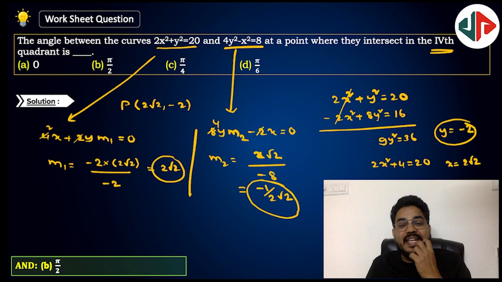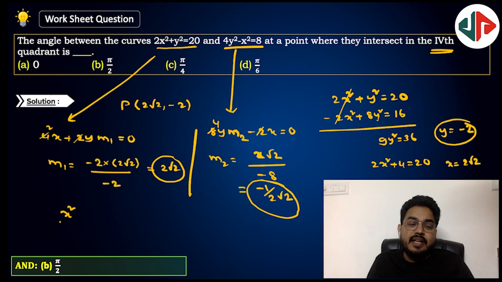It is 90 degrees. But actually, if you replace this equation into the standard form, x square by 10 plus y square by 20 is equal to 1, and this equation is y square by 2 minus x square by 8 is equal to 1.